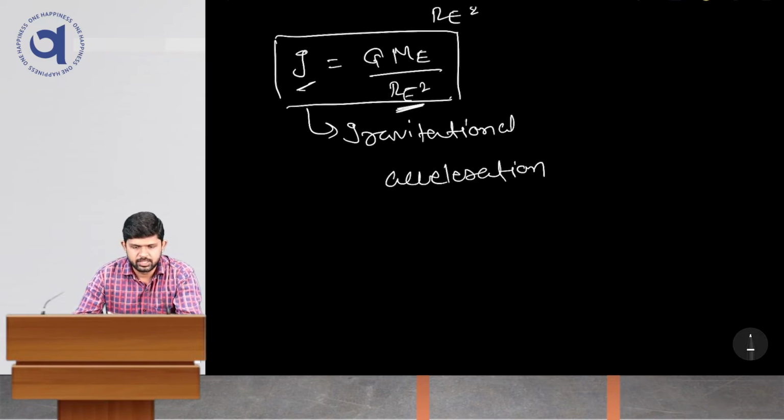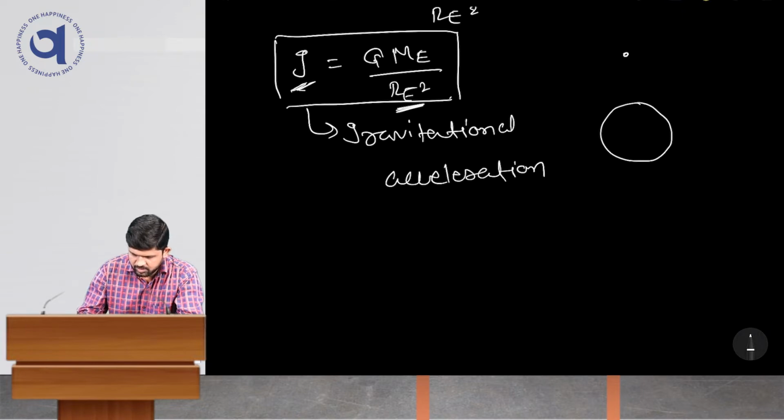Now we can see in this equation that g depends upon the radius of earth, right? That means if we go away from the earth's surface, then this value of g must vary. So let us see how the value of gravitational acceleration changes with respect to the distance from the earth's surface. Let us take an object at some height h from the surface of earth, and the radius of earth we take as re.